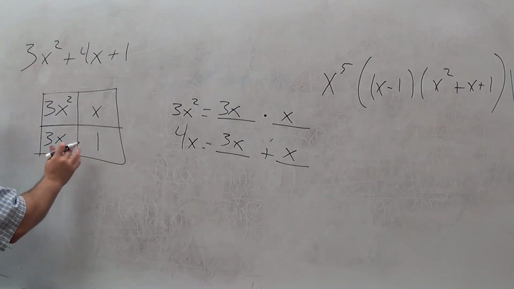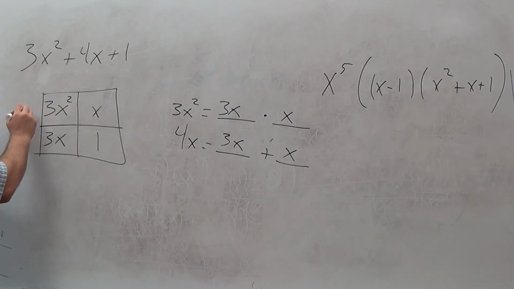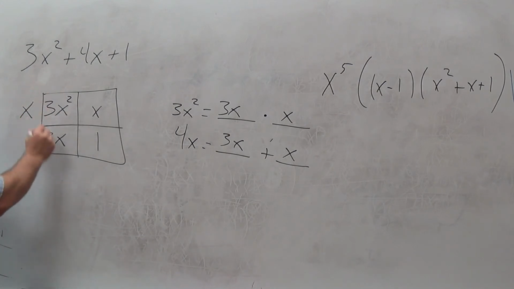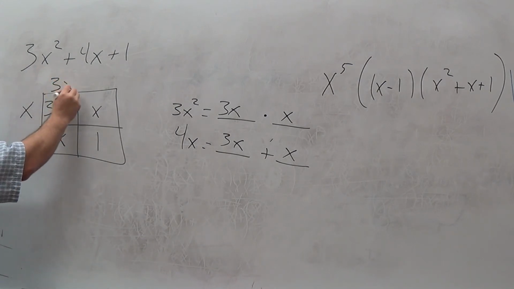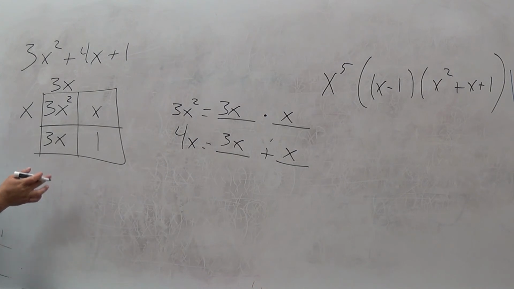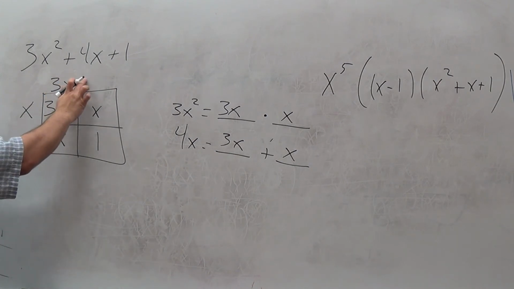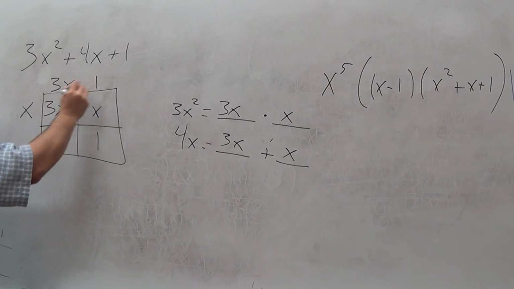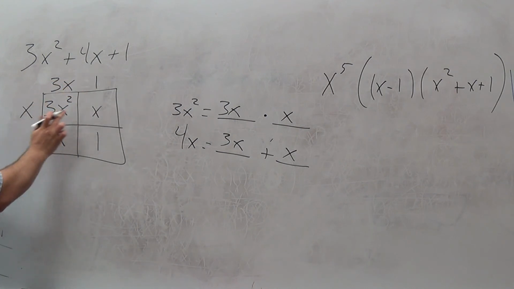Now I factor out. These have an x in common, so I pull it out. This has a 3x in common, so I pull this out. And I know x times 3x gives me 3x squared, so I'm off to a good start. x times something gives me x. Well, I know that's a 1. x times 1 is x.